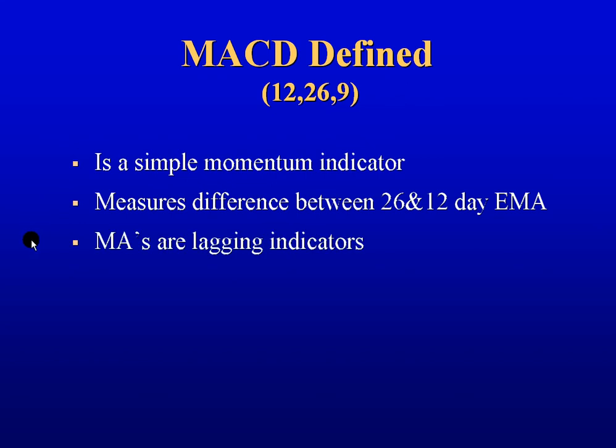Moving averages are lagging indicators, and that's important to note because we want to get in trades at the stage of the initial move. Sometimes the lagging indicators can offer a confirmation as to whether or not our trade is being supported by the market. But we are going to look at ways where MACD can lead moves as well.